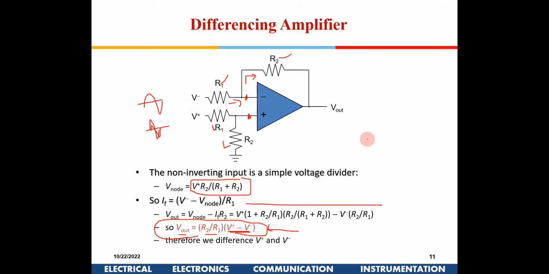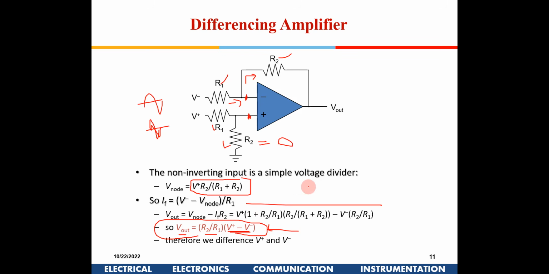But sir, without this voltage divider we can have a difference amplifier, only the equation will be different. Yeah, they won't cancel out. If they don't cancel out, then you can put R2 equal to 0 in this equation, and then the gain will become 0.